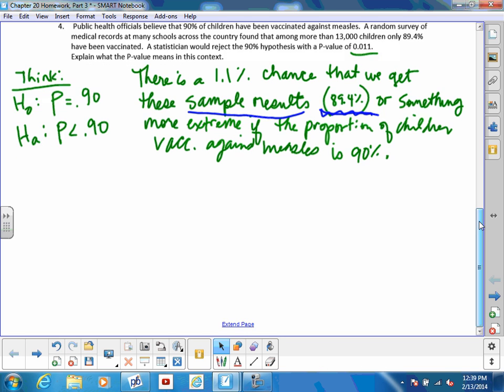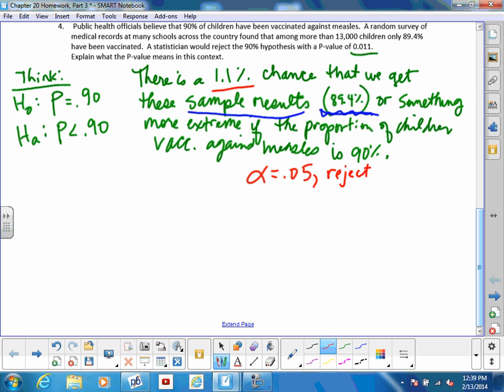Okay. Now, but here's my extension question. Okay, you ready? Alpha of 0.05. Reject or fail to reject? Question. Why reject? Good. Because a p-value of 1.1% is less than 5%. Okay. All right. Next question.